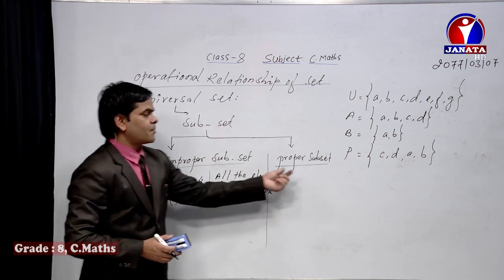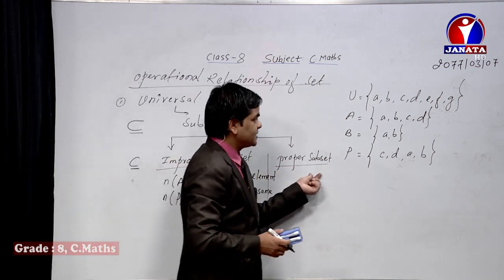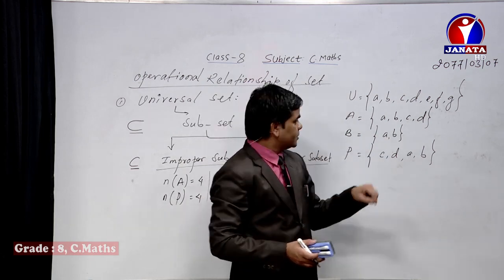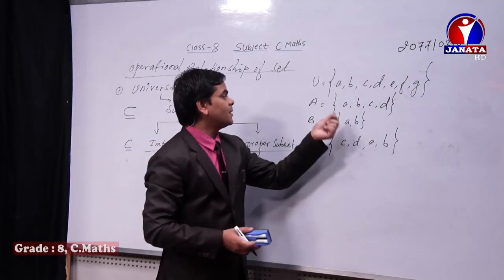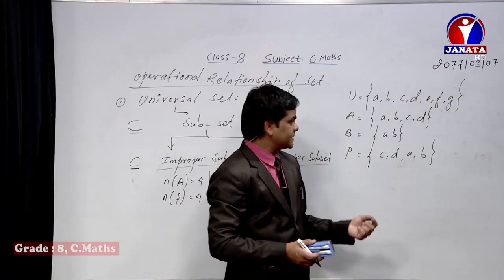Now let's go to the proper subset. In case of a proper subset, dear students, only a few elements should be taken from a set. If we take that type of subset, it is known as a proper subset.